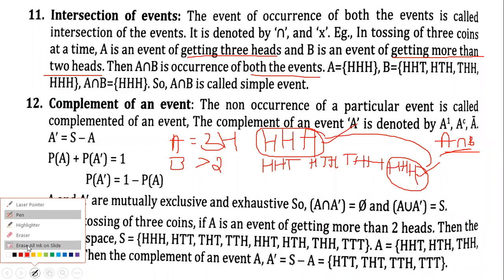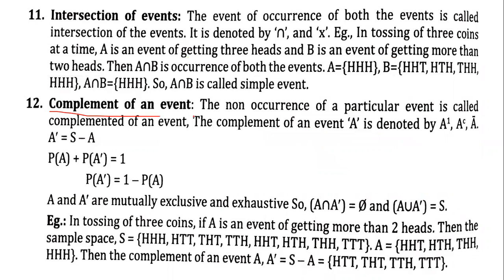And next is complement of an event. The non-occurrence of a particular event is called complement of an event. It is usually denoted as A dash, a small dash or a line, which is nothing but S minus A. Complement of an event is whatever is not happening; that will be included in the complement of an event.